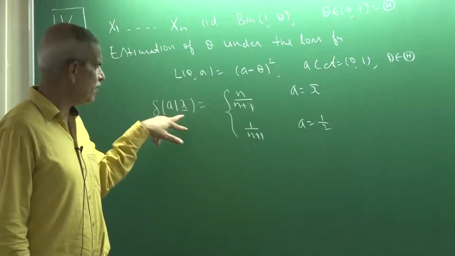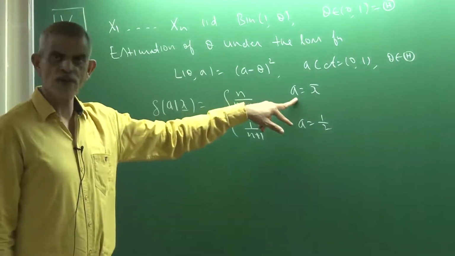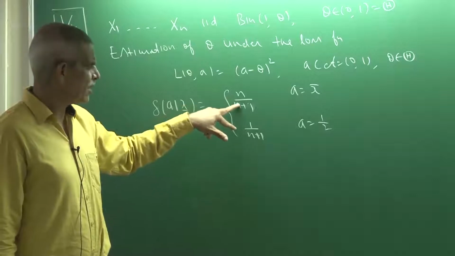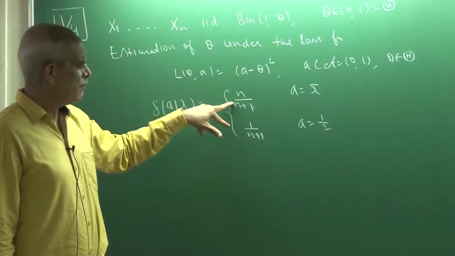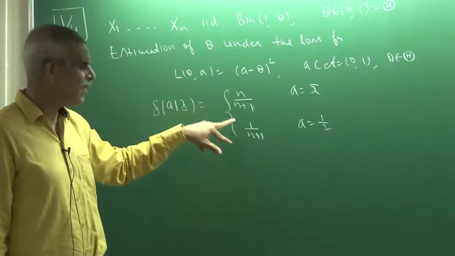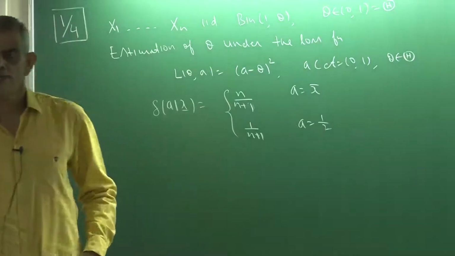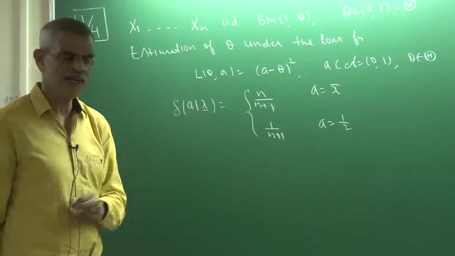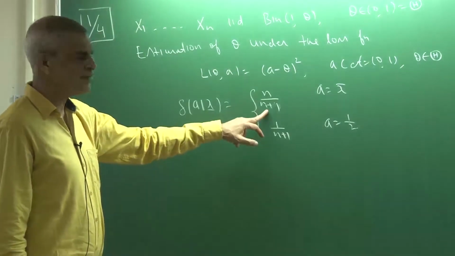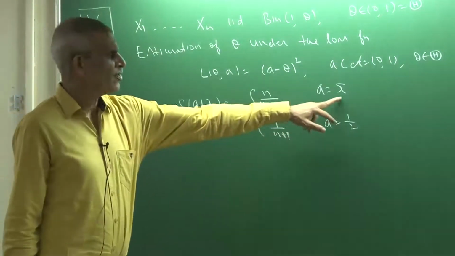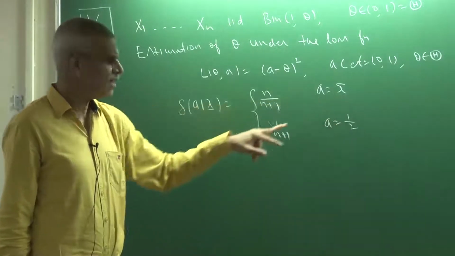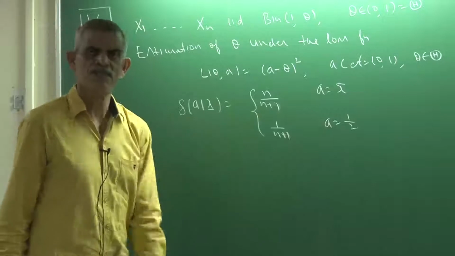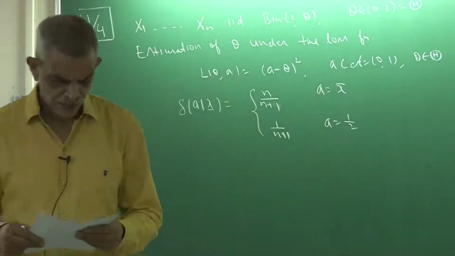You go for a randomization, which could be tossing a coin, because there are only two outcomes, with probability of head as n upon n plus 1 and probability of tail as 1 upon n plus 1. If head turns up, you estimate theta by x bar. If tail turns up, whose probability is 1 upon n plus 1, you estimate it by half.